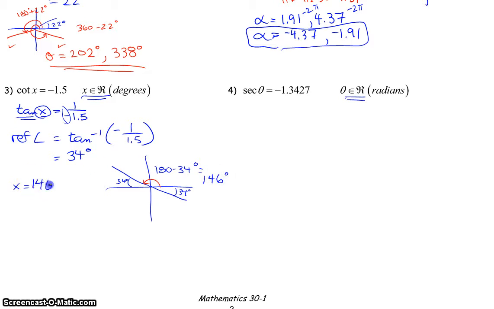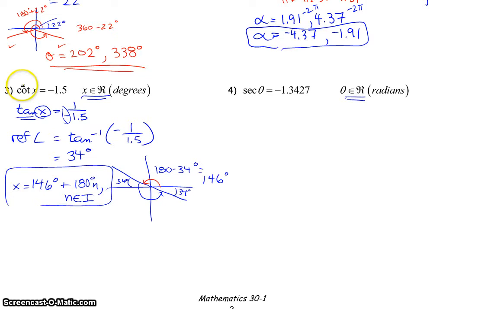So it'd be 146 degrees plus, now let's see, since these are in a straight line from each other, we could add multiples of 180 degrees and hit both terminal arms, as long as n was an element of the integers. So 180 degrees n, n an element of the integers. There we go. That's our general solution for that one.